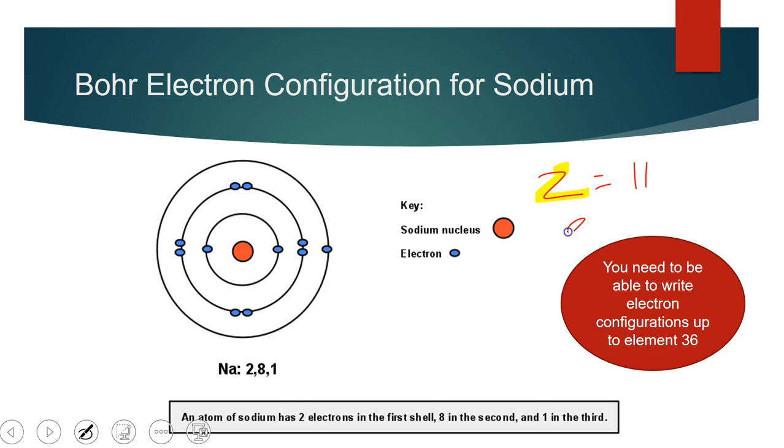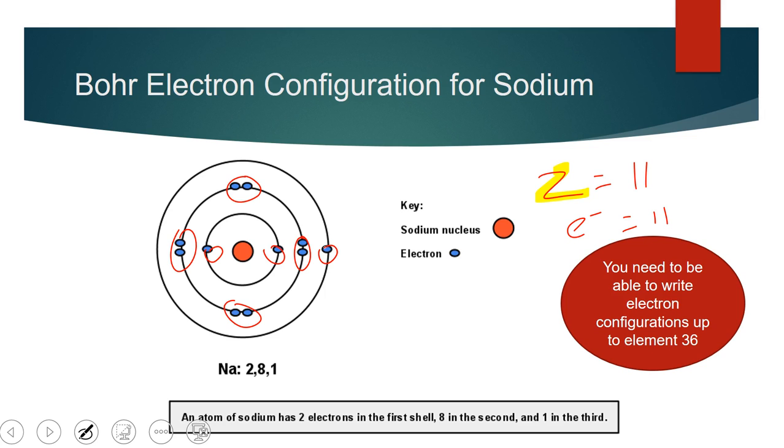This means that it will also have 11 electrons. Remembering that we put 2 into the first shell, and then that is full, the second shell can take 8. That takes us to a total of 10 electrons, putting 1 electron into the third shell.